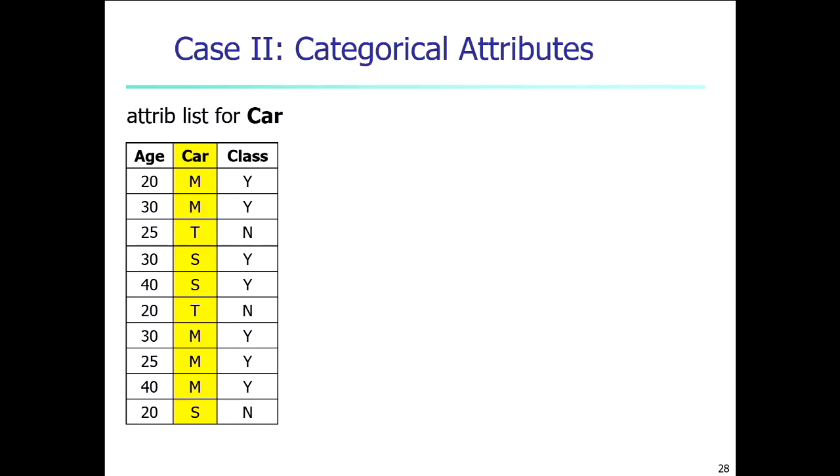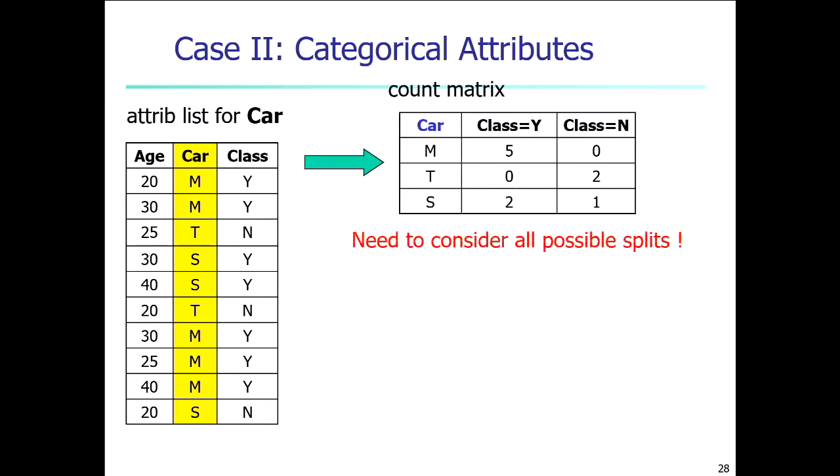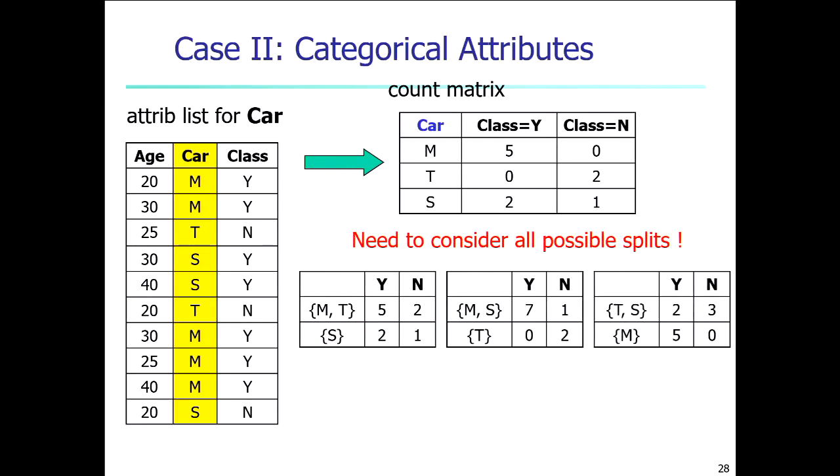For example, here car, you have three distinct values, which are M, T, and S. Because we do the binary split, we can split them into M and not M, or T and not T, and S and not S. So always remember, when you do the Gini index, you need to consider all the possible splits.